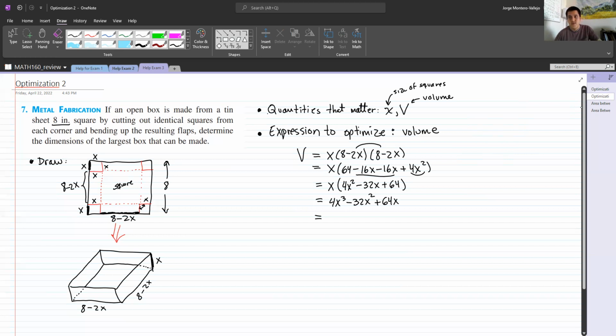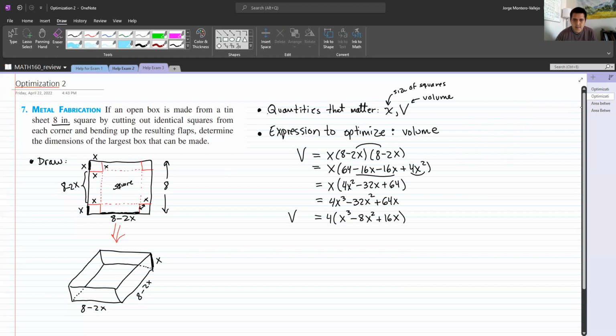They all are multiples of 4. So you can factor out 4, and then you're left with x cubed minus 8x squared plus 16x. Okay, when we take the derivative of this, the 4 in the front can be disregarded, and we just worry about the cubic polynomial, right? Okay, so this is our expression to optimize.